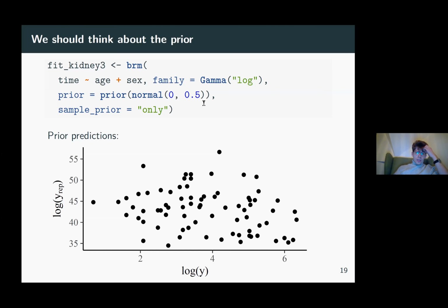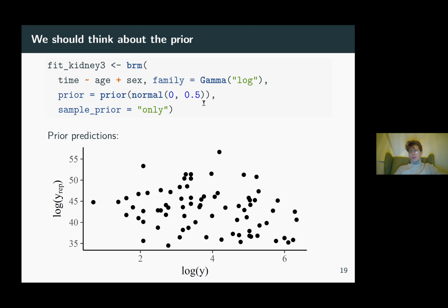And here's one example of how that's plotted. On the x-axis is the log observed response, log y, and on the y-axis is the log prior predicted response, y rep. So remember, this is on the log scale, and what we see is basically that y rep is around 4 orders of magnitude bigger than the observed y.